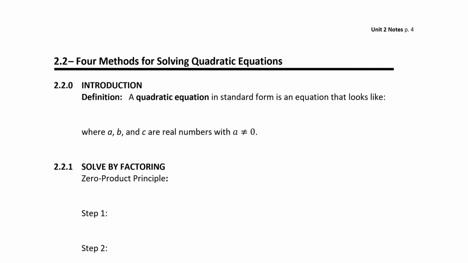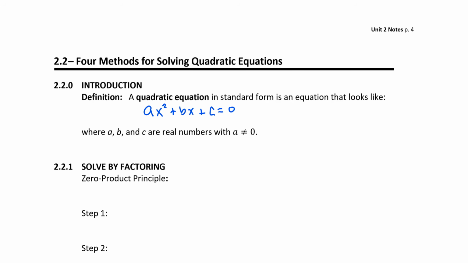Section 2.2.0, Introduction. Definition: a quadratic equation in standard form is an equation that looks like ax squared plus bx plus c equals 0, where the coefficients a, b, and c are real numbers and a is not equal to 0.